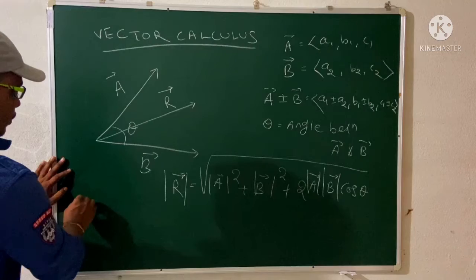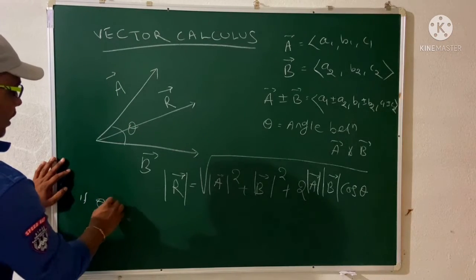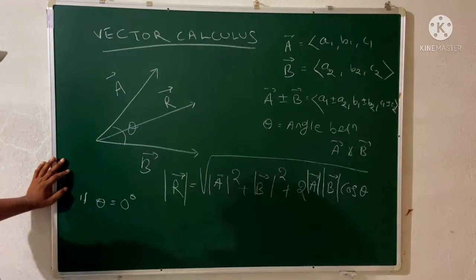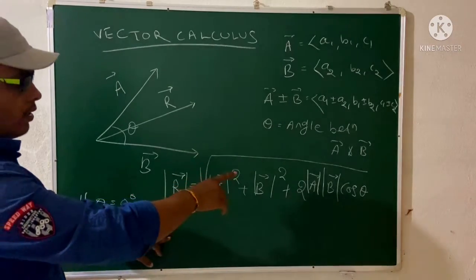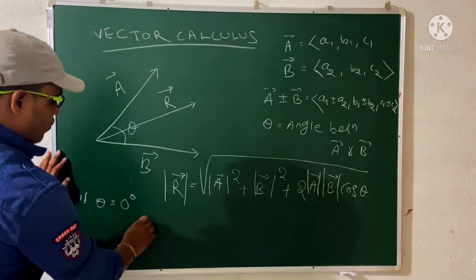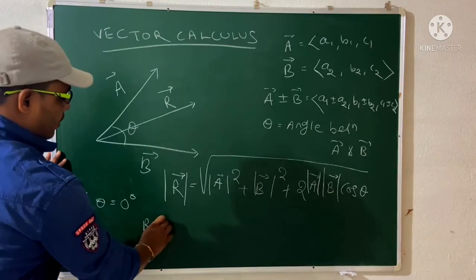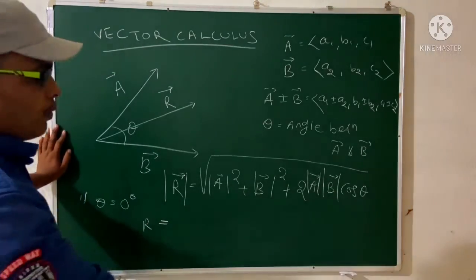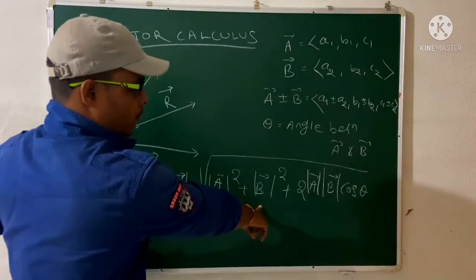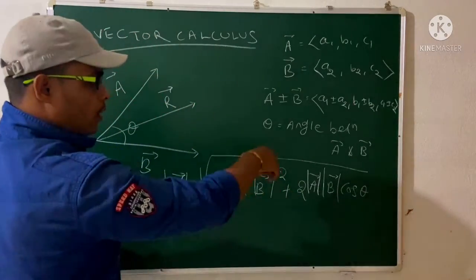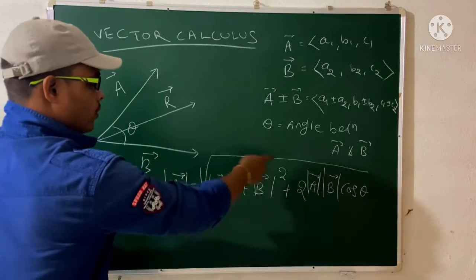Remember, if theta is equal to 0, then cos 0 is 1. If you substitute cos 0 equal to 1, the resultant vector magnitude is the square root of a squared plus b squared plus 2ab, which is a plus b whole squared, then its square root.